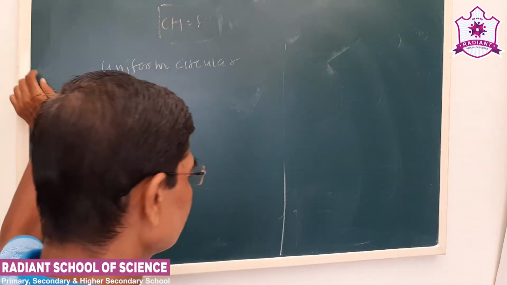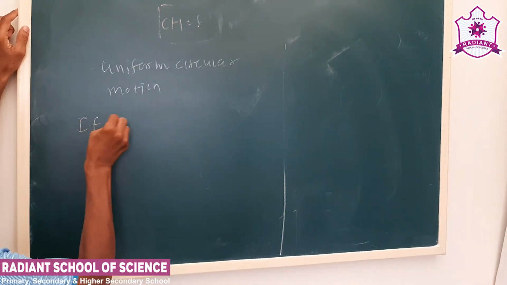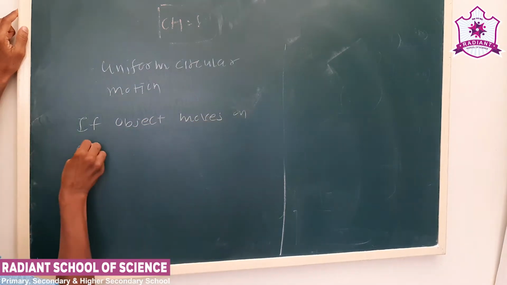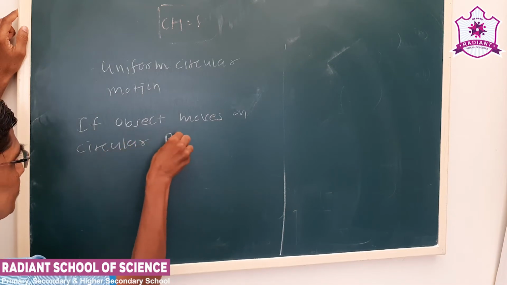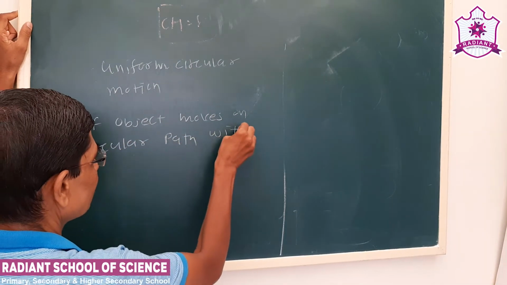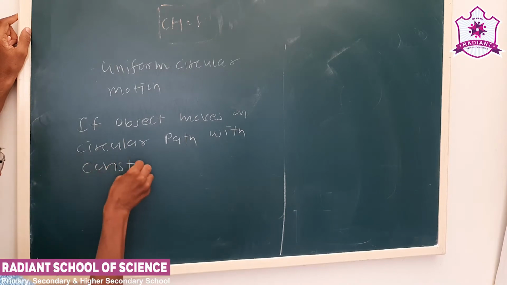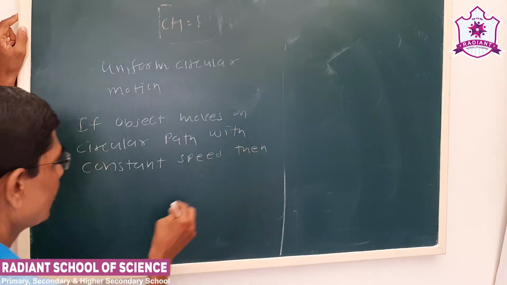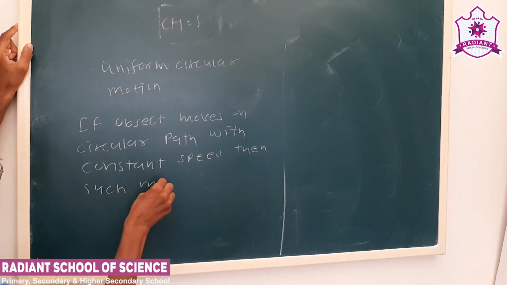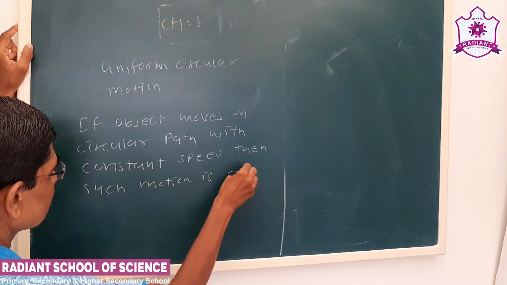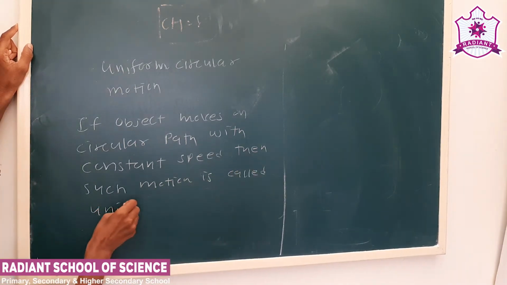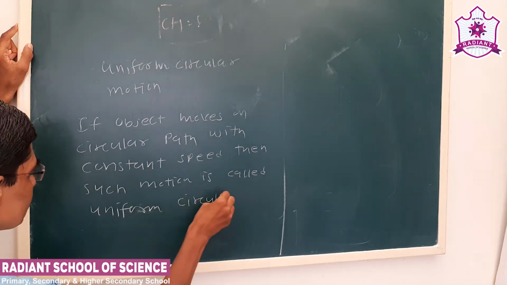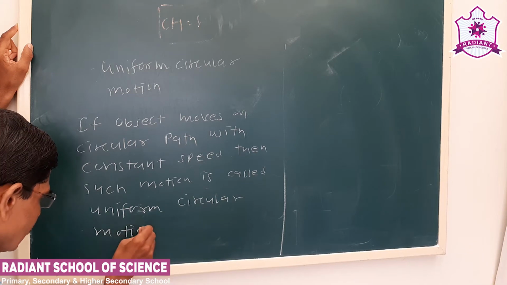Now if an object moves on a circular path with constant speed, then such motion is called uniform circular motion.